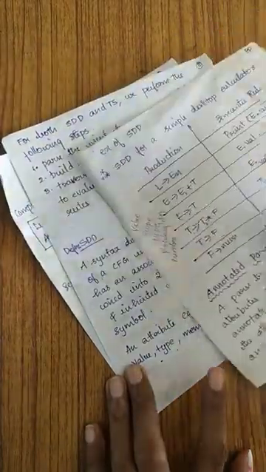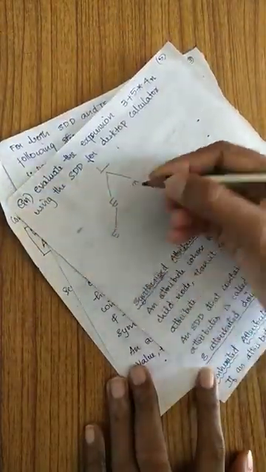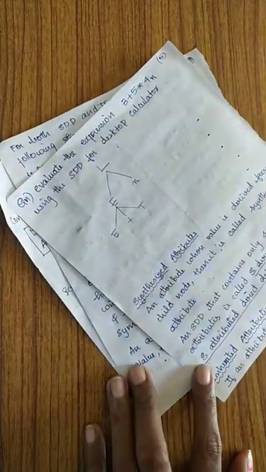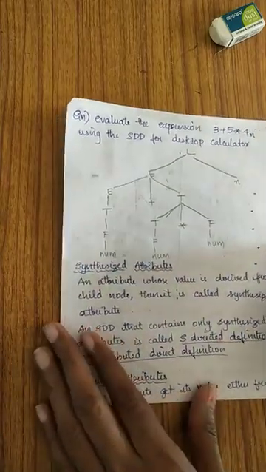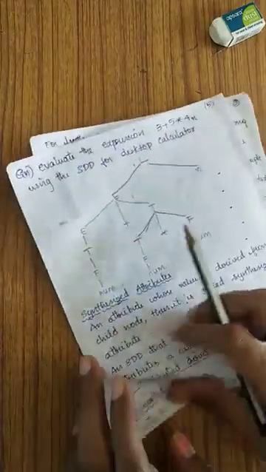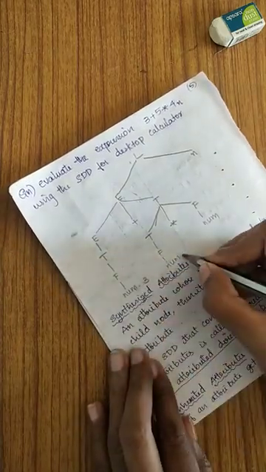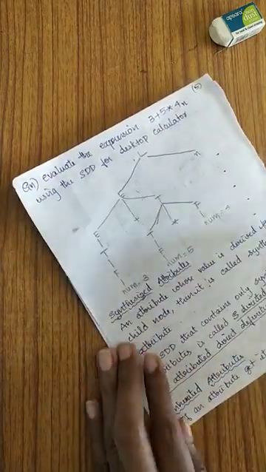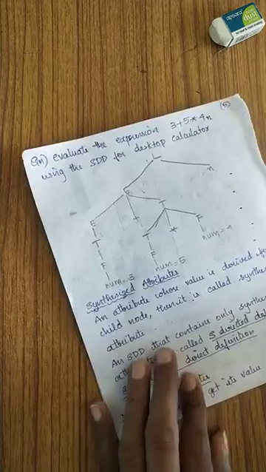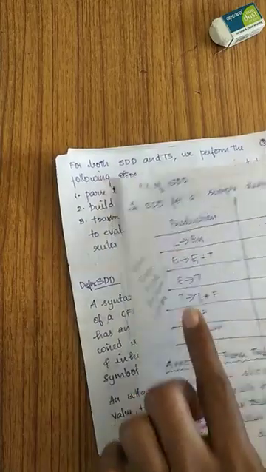From this E I am taking E plus T. This is the syntax tree I have derived for this input from this grammar. Here the numbers are 3, 5, 4, so the input is 3 plus 5 into 4 n. This is the parse tree for the given input based on this grammar.